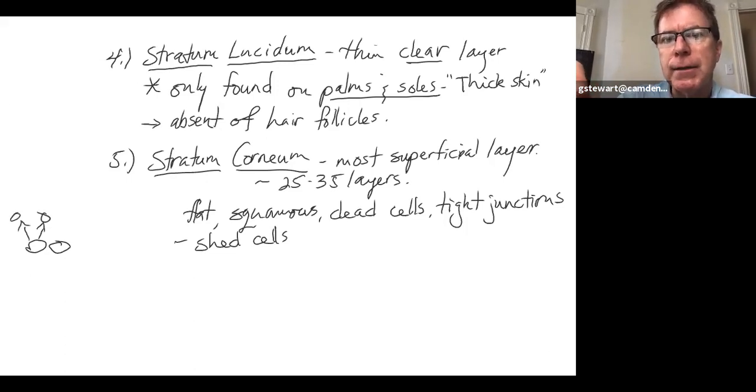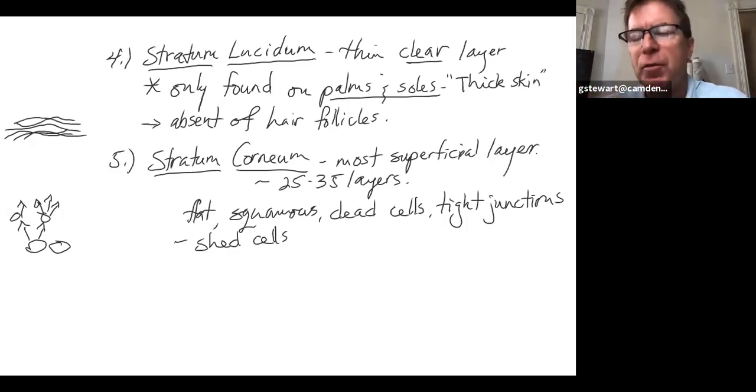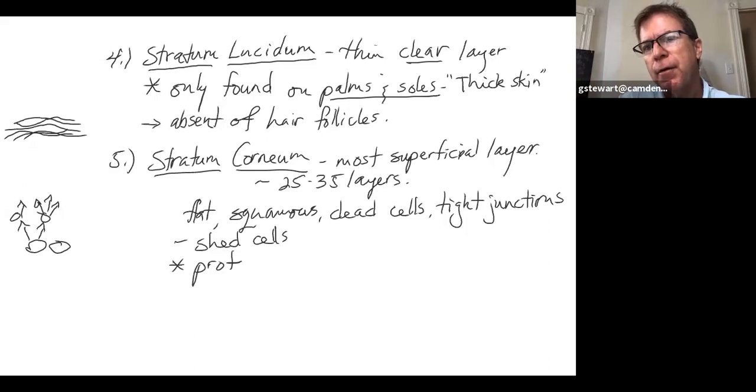So this is constantly working every second of every day. It slows down as we age. You'll see it in pictures of slides. It looks like the layers are literally peeling off because they are all the time. So we have very tight cellular junctions, and its main function up here is protection. That is our outer covering.